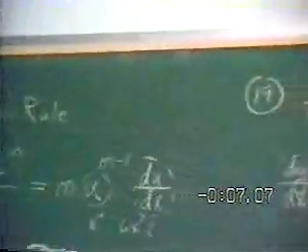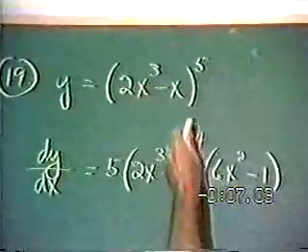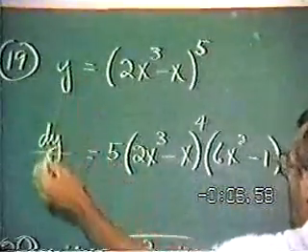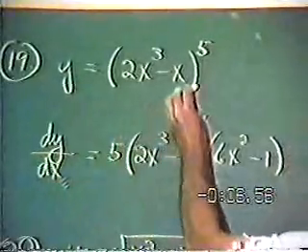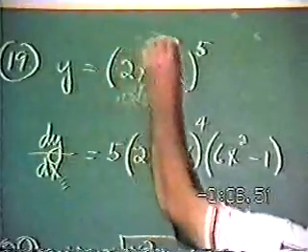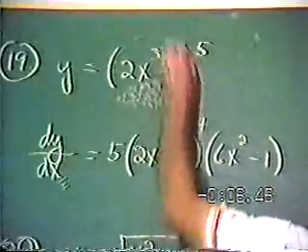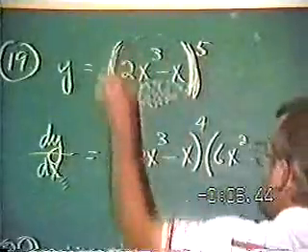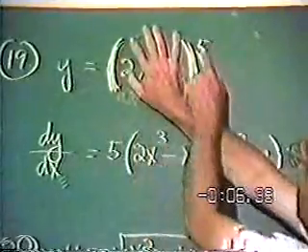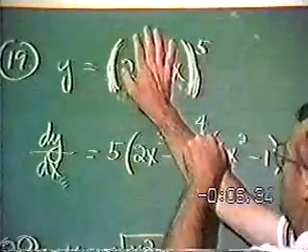Let's start with number 19 and talking about the power rule, chain rule. Now, the derivative of y with respect to x, you must in your mind consider this as a u, as a single object. I don't care whether you consider it as the letter u or what, but you've got to consider the parenthesis as an object. And you're taking the derivative of this object, and that is the power rule. 5, bring it out in front, subtract 1.